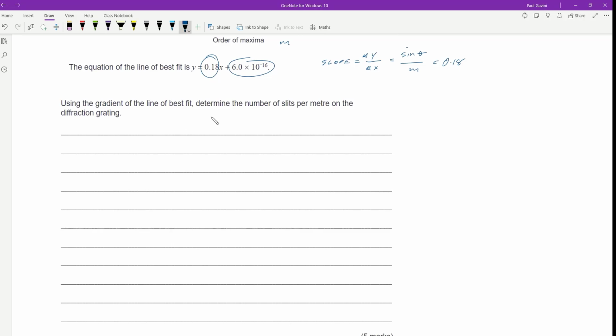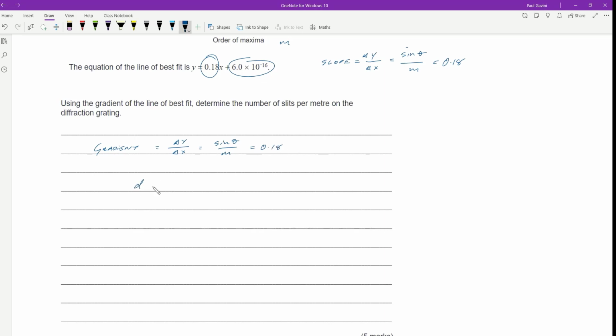Using the gradient of the line of best fit, determine the number of slits per meter on the diffraction grating. Surprise, surprise, as he says sarcastically. Alright, so the gradient is equal to change in y over the change in x, which is going to be sine theta over m, which is going to be equal to 0.18.